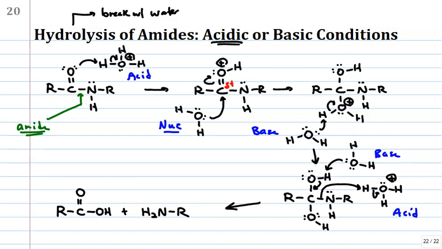You're going to end up with a carboxylic acid and an amine. So I think that's it for this chapter, and I think we will stop it right there. Thank you.